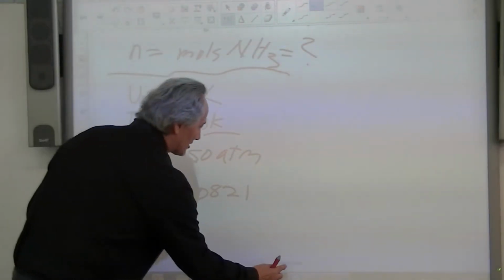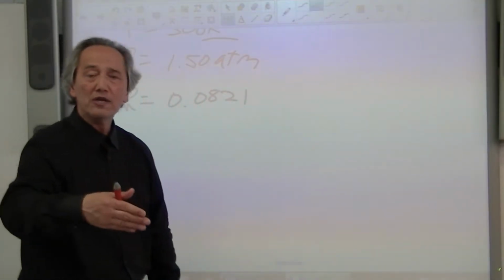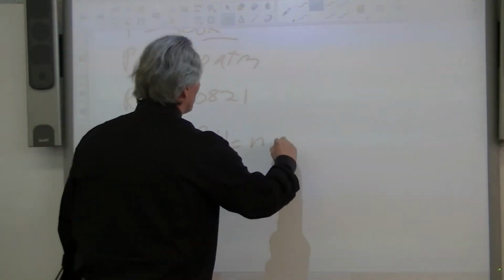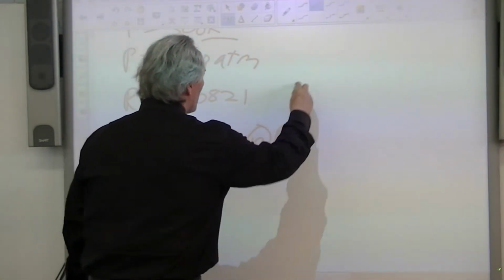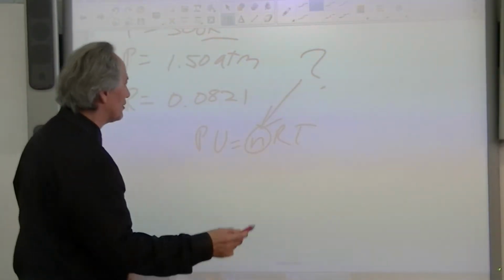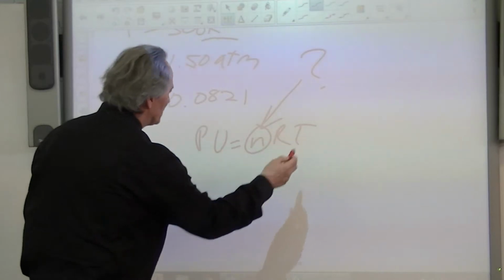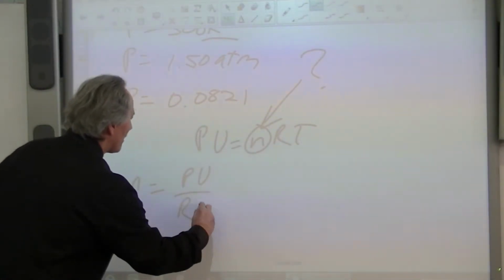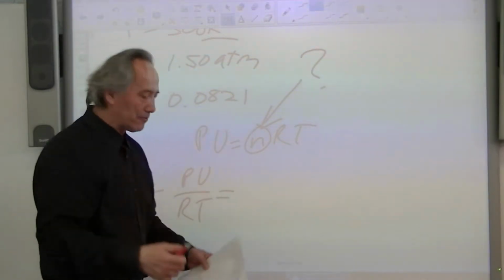Next step, after we've identified the unknown and the data given, let's rewrite the equation, PV equals nRT, and rearrange it. This is what we're looking for, my unknown. Let's rewrite that such that n is in terms of pressure, volume, gas constant, and temperature. So n equals PV divided by RT. Let's now plug in the data that was given to us.